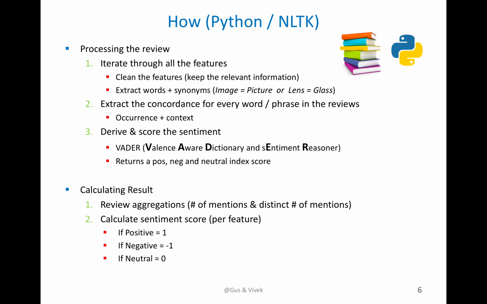With this information, we were able to provide a score where if the sentiment is positive, we give it a score of 1. If it's negative, we give it a score of -1. Or if it's neutral, meaning there wasn't enough information to say if the overall context was positive or negative, it gets zero. We then aggregate all of these scores to provide an overall sentiment score for every feature in a product.